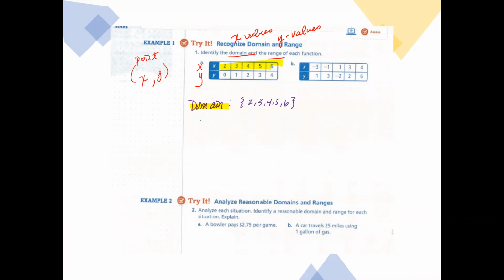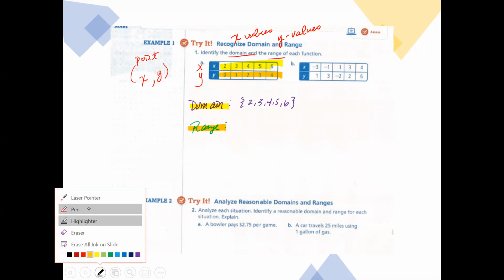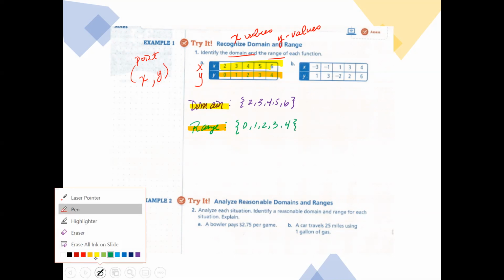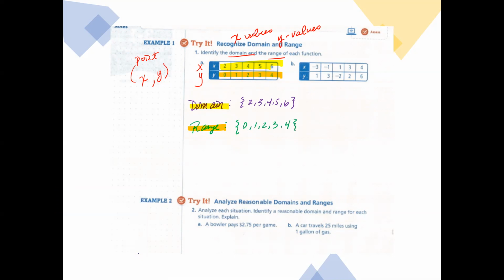And then similarly, my range will be all the y values that are highlighted in orange. So from this table, it'd be 0, 1, 2, 3, and 4. And also in this section, we talk about relations. The way you determine this is if x, meaning the domain, does not repeat.